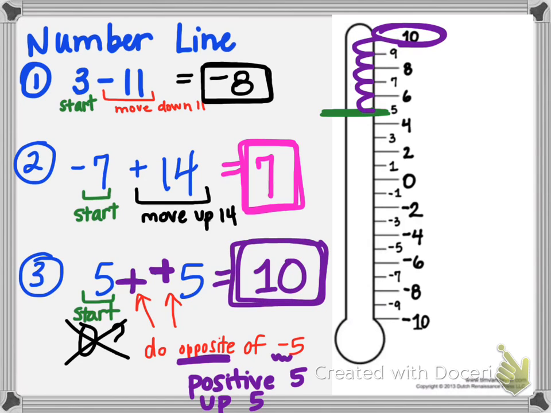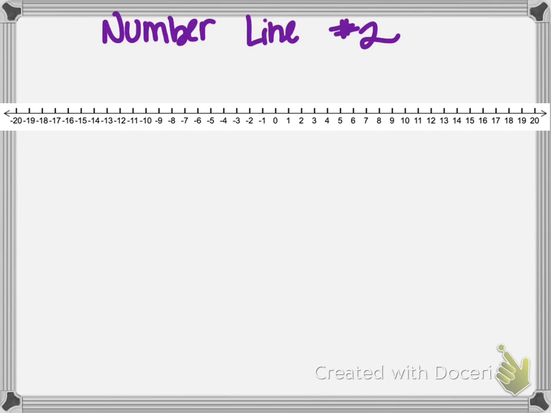Now, maybe you don't want a thermometer or a vertical number line, then you can also use a horizontal number line. It is the same principle, the same concept. So this is another number line option. Still the same. I think the only version that we haven't done that I would like to try here, let's do this fourth example.